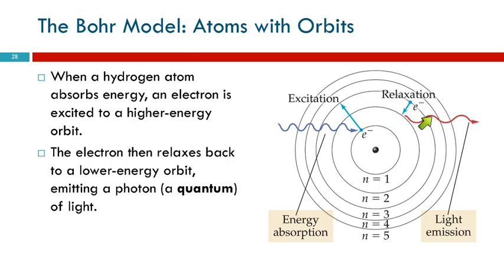The energy here that's released can be measured because we can measure the energy of that light. And the energy of that light corresponds to the difference in energy between those two orbits. This amount of energy that's released is a photon or a quantum of light, a packet of light. Any questions?